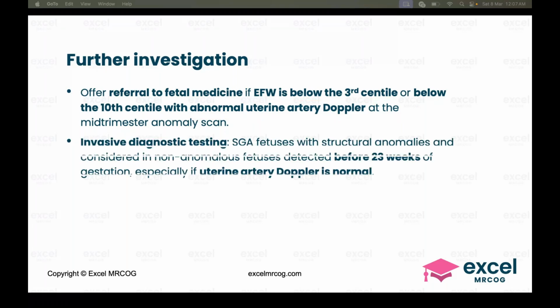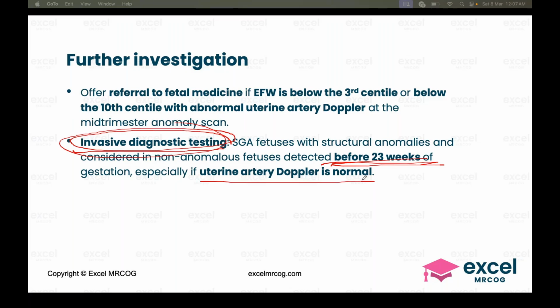Invasive testing is for SGA fetuses with structural anomalies, and in non-anomalous fetuses where SGA is detected before 23 weeks, that means very early. Especially if uterine artery Doppler is normal, because it rules out a placental problem.